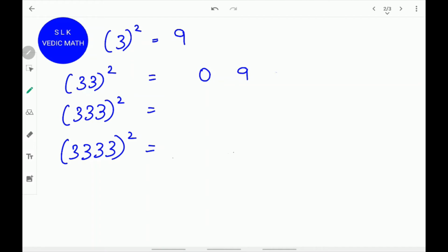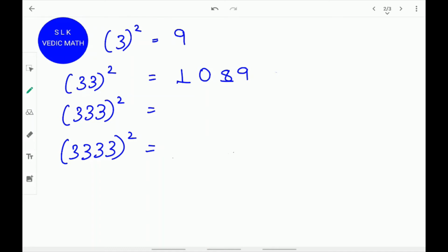Since there are 2 3's in 33, there's supposed to be 1 digit on each side. 1 less than 9 is 8. Write down the 8. 1 more than 0 is 1. Write down the 1. So 33 square is 1089.